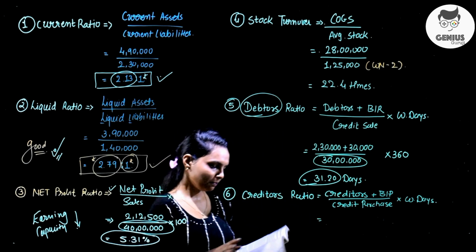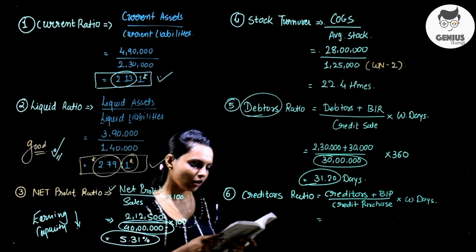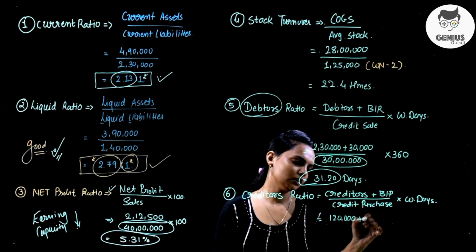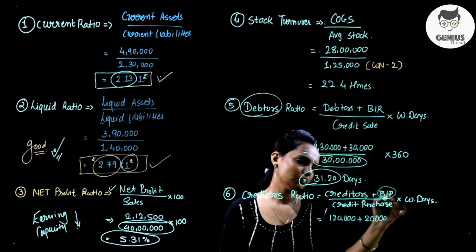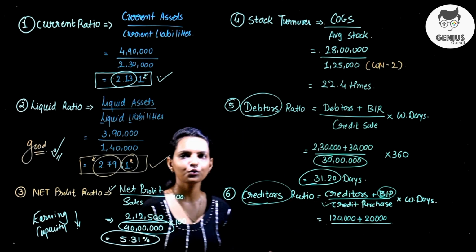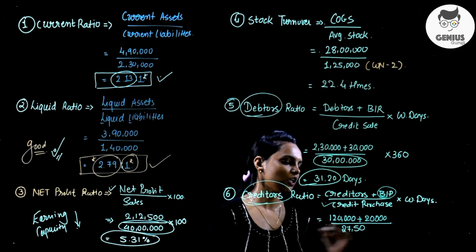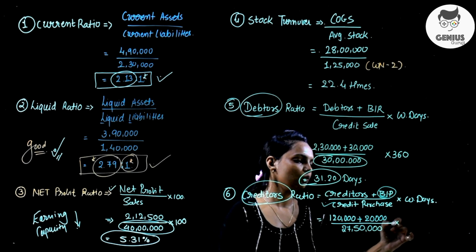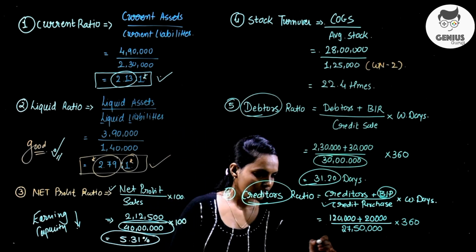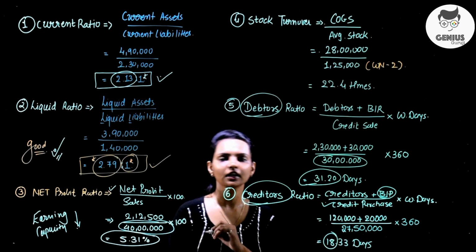See, in an example they have mentioned your creditors are of 1,20,000 and bills payable of rupees 20,000. 1,20,000 plus 20,000 of rupees bills payable, and my base for creditor is credit purchase, and directly they have given in additional information my credit purchase is 27,50,000 into 360 days, and my answer is 18.33 days, on approx you can say 18 days.